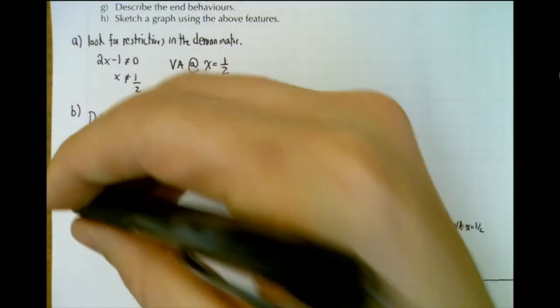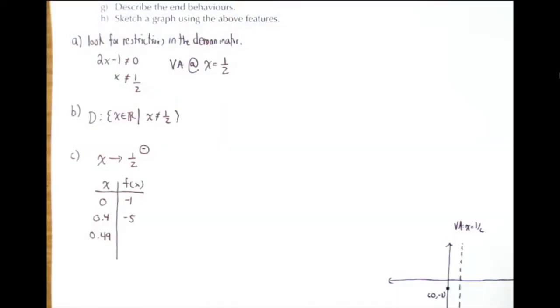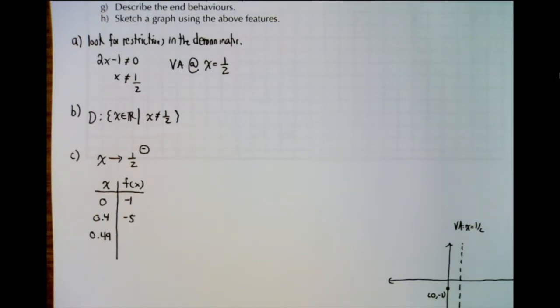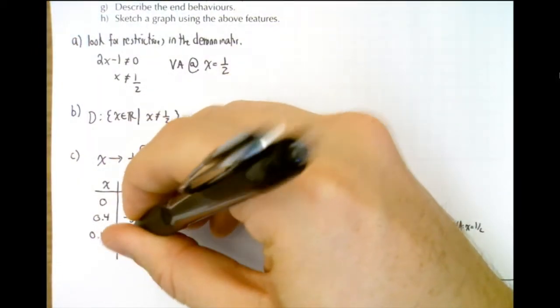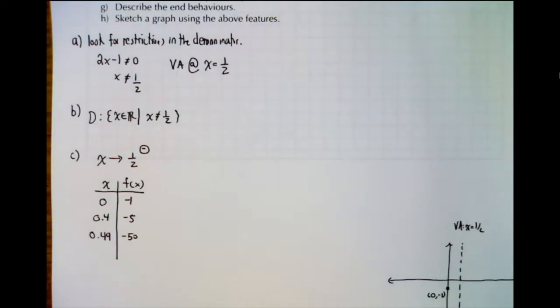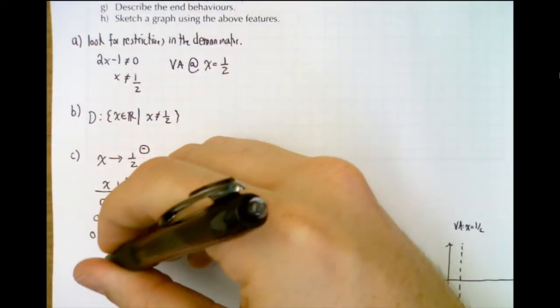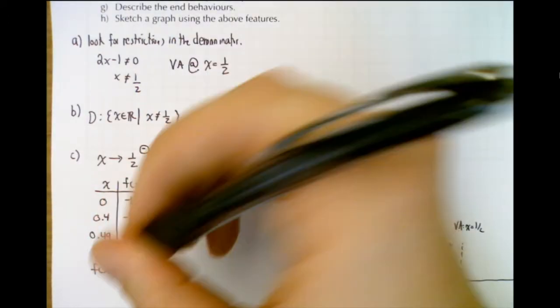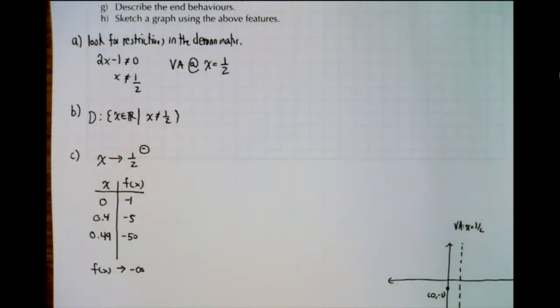Just to be sure, let's do one more value. Let's do 0.49. If I plug 0.49 into our original function, we get -50. So that continues the trend of going down.